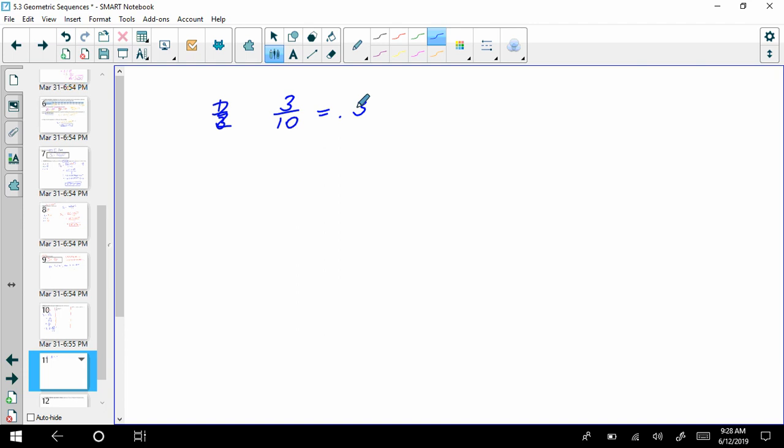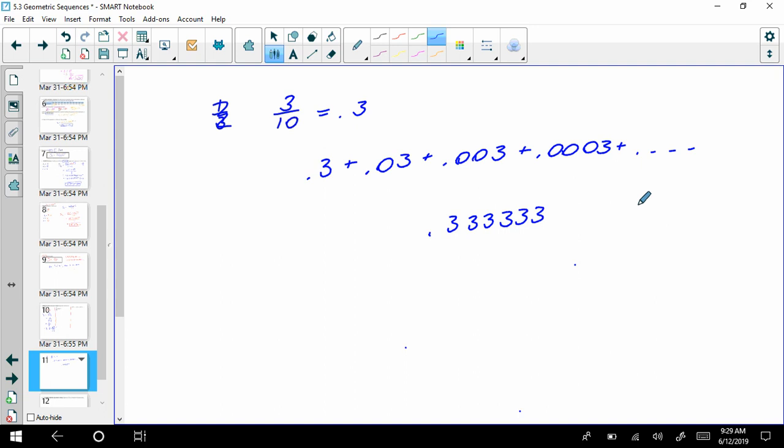So let's say if I started adding together numbers that were getting smaller and smaller, do you agree that my answer would just start tacking on more and more decimal places?